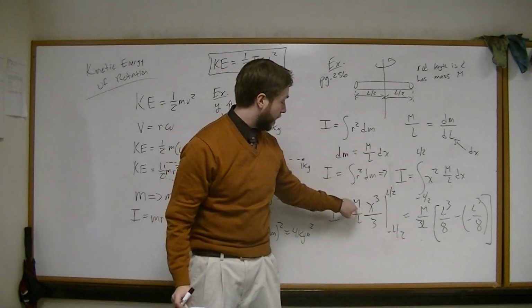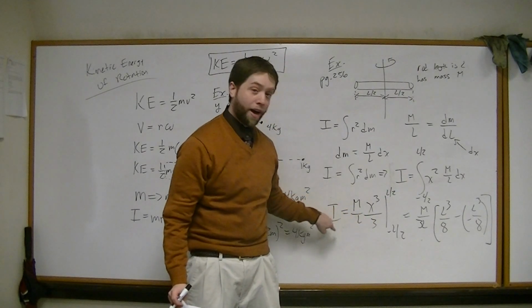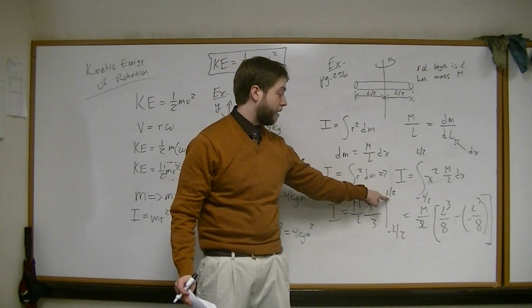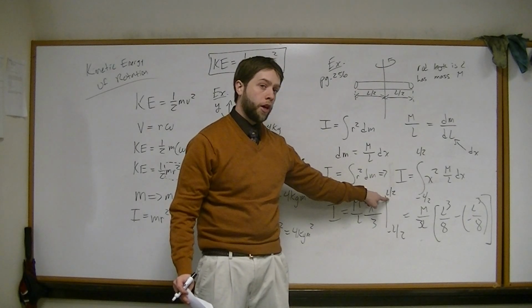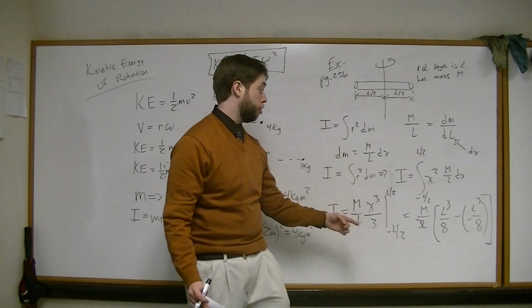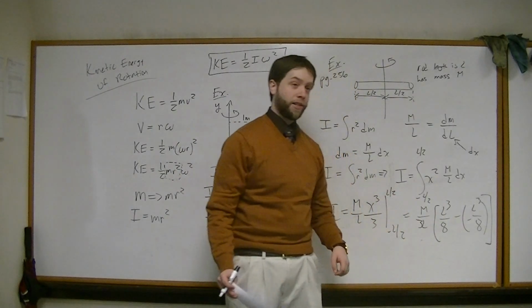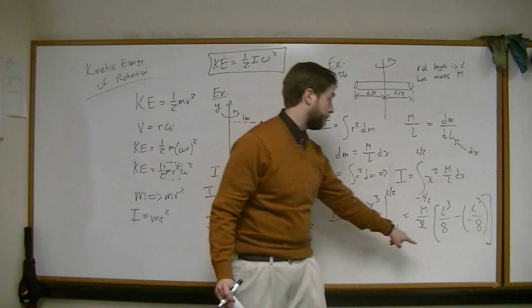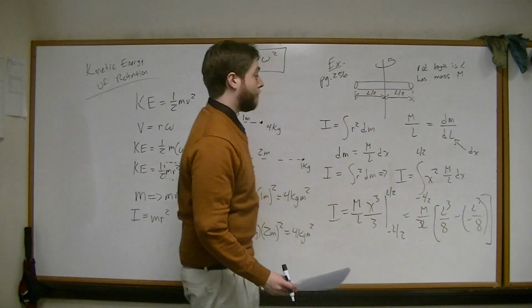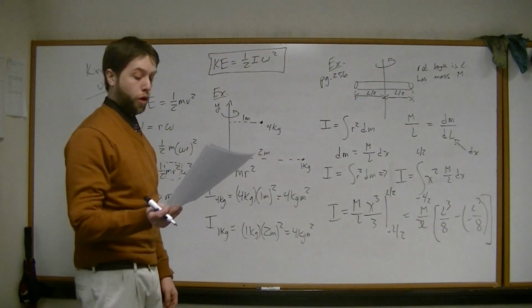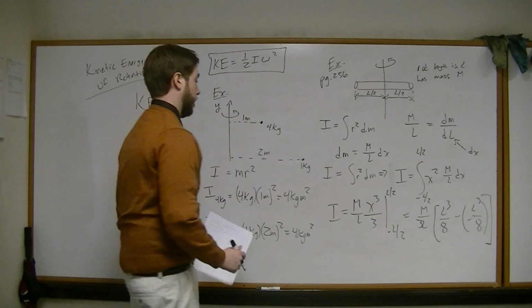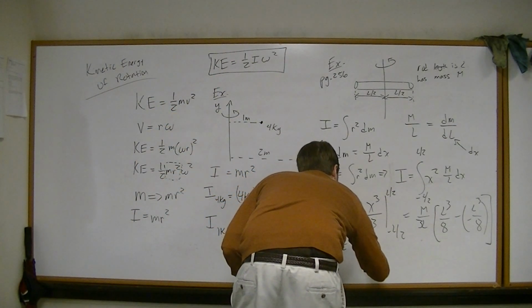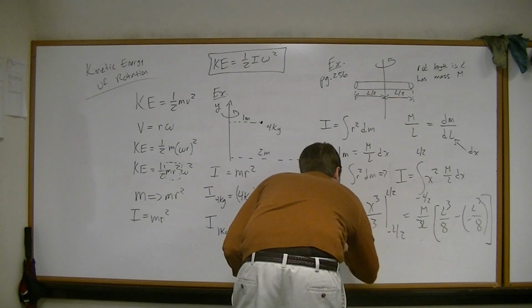So I brought the m over L and the 3 out front, so I have m over 3L. X cubed now gets the L over 2 term, so that's L over 2 cubed, that's L cubed over 8. Subtract the lower limit, which still has this minus sign out front, so now I get minus a minus L cubed over 8 again. And finally, I get that the rotational inertia is equal to mL squared over 12.